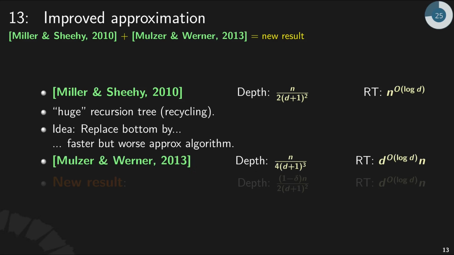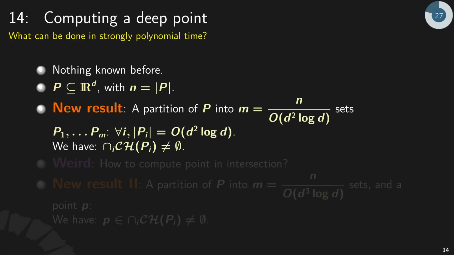So we can just use the result of Mulzer and Werner, and putting them together we get the best of both worlds. We essentially get the quality of Miller and Sheehy, a pretty deep point, but the running time of the previous fastest algorithm. So that's good.